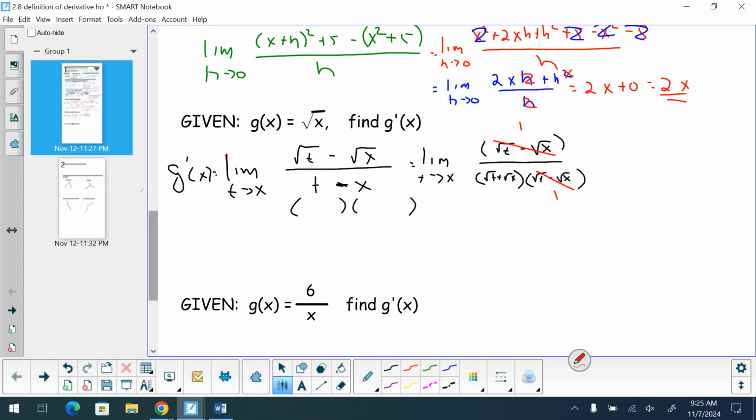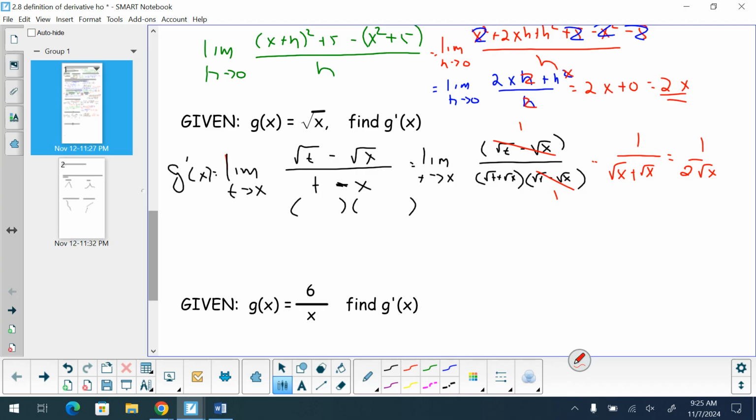These will cancel, the 1 and 1. And then we can substitute x in for t. So we have 1 over square root of x plus square root of x, or 1 over 2 square root of x. Now, with this, I will not ask you to rationalize. I will be fine with 1 over 2 square root of x.